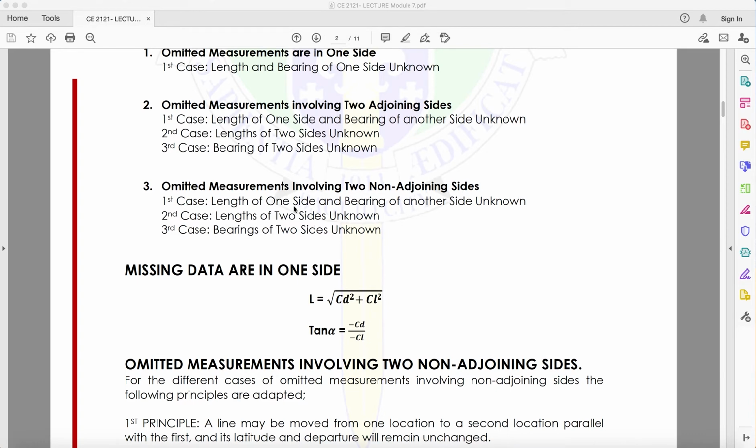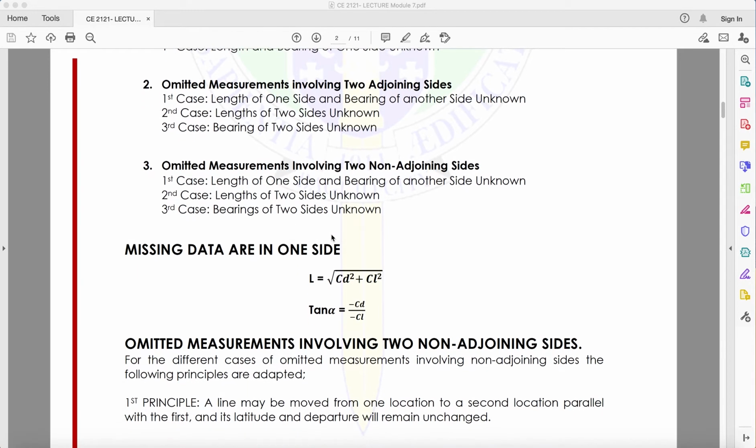First case, length of one side and bearing of another side are unknown, so different length and different bearing. Case number 2, lengths of two sides are unknown. Case number 3, bearings of two sides are unknown.